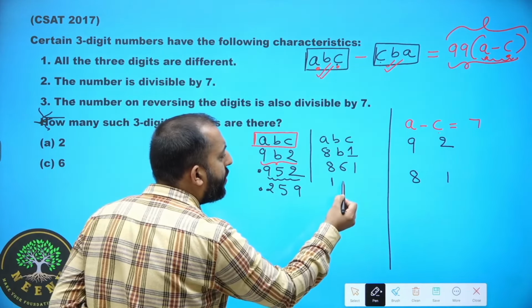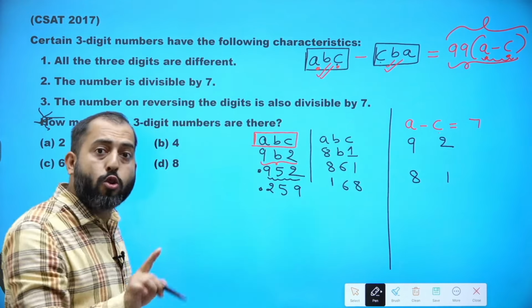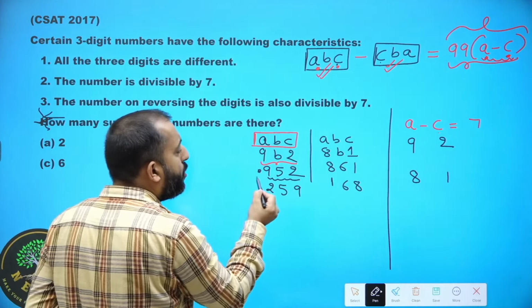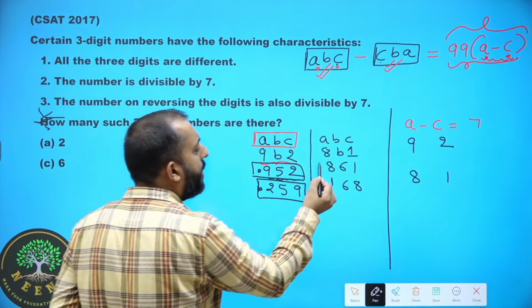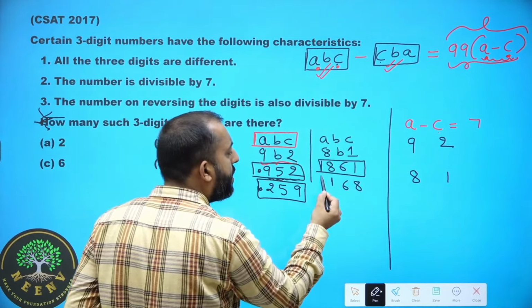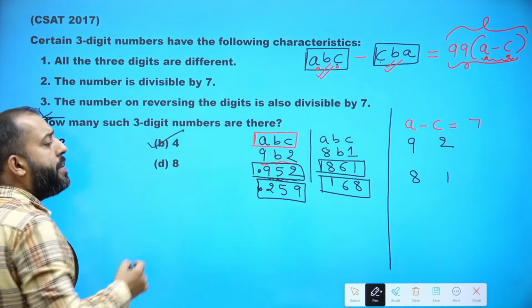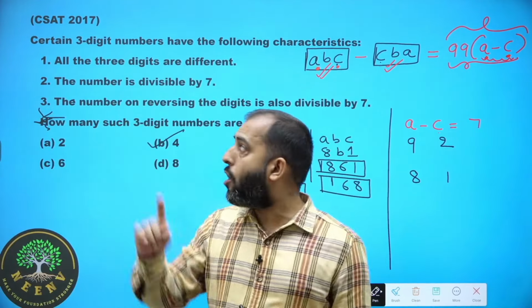Reverse of 861 is 168. So 168 will also be divisible by 7. So 952 is the first such number, 259 the second, 861 the third, and 168 the fourth. Hence option B is the right choice. There are 4 different numbers that will justify all these conditions.